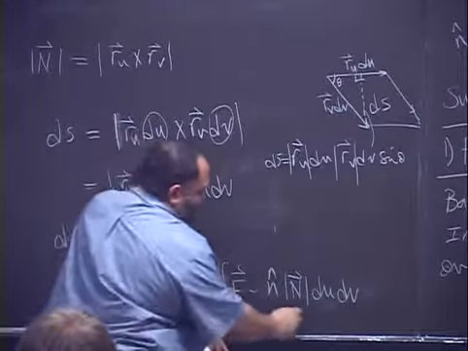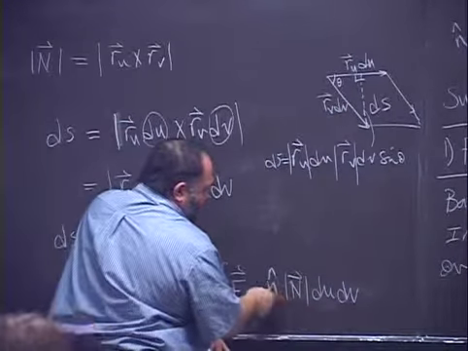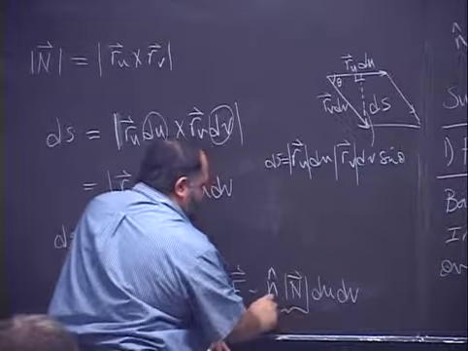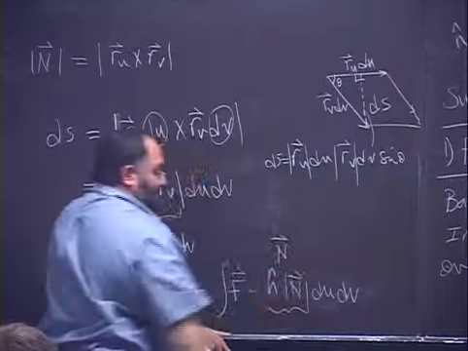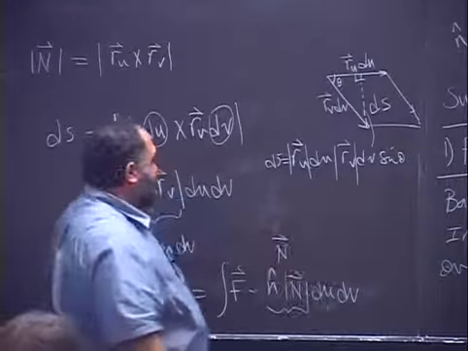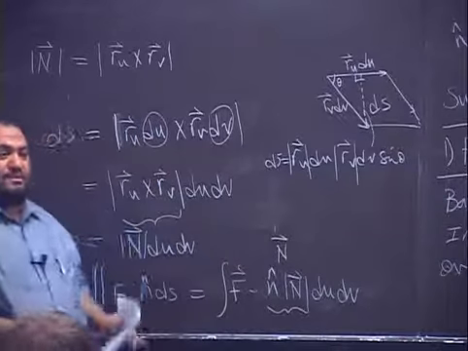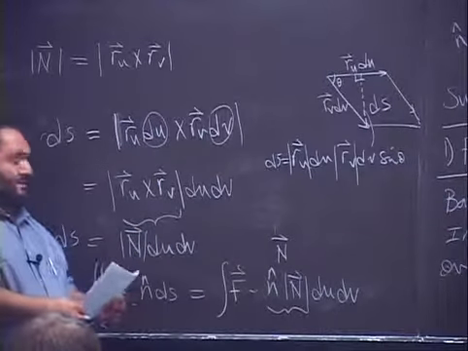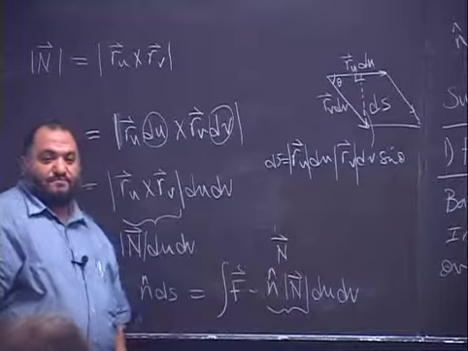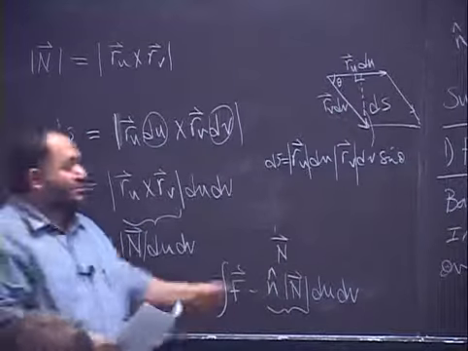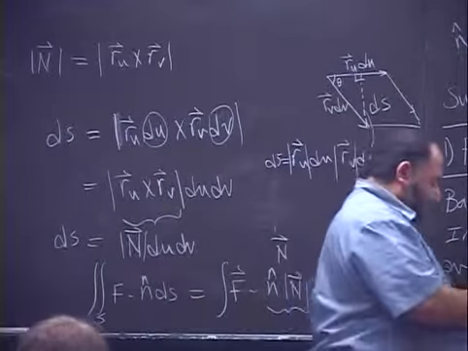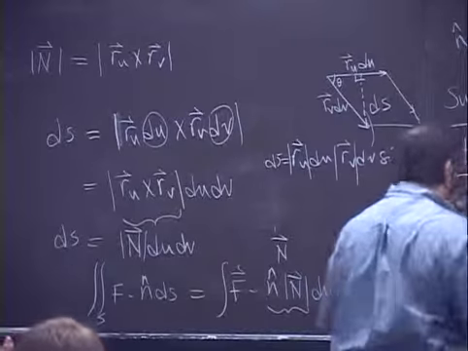And what's a unit vector multiplied by the amplitude of N? This is N. So this will give you the right hand side: f dot N du dv. Okay? So this is just the proof of this one over there. So let's look at an example here.